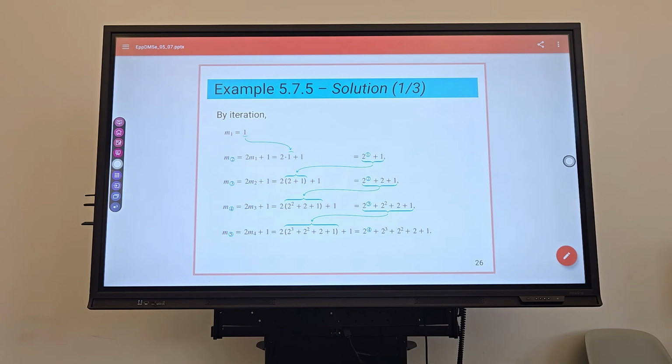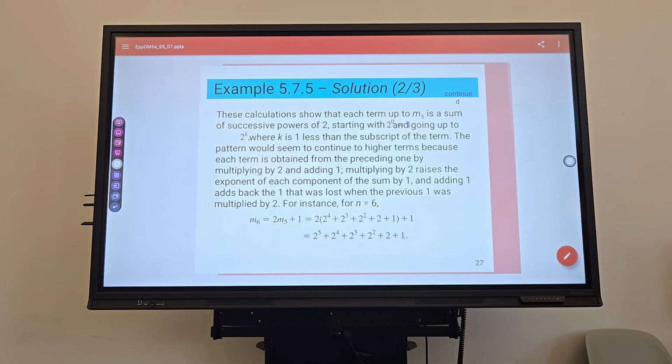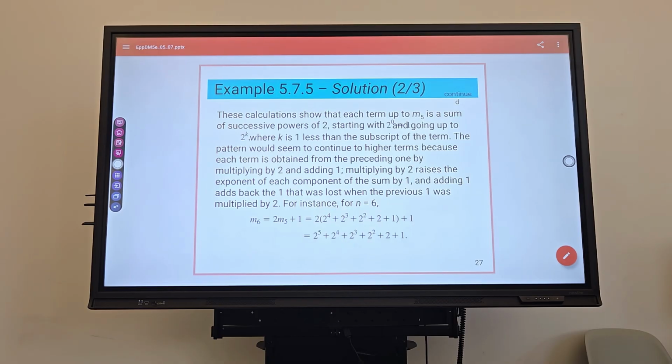Kind of seeing a pattern here. These calculations show each term up to m5 is a sum of successive powers of 2, starting with 2 to the 0th power equals 1, and going up to 2 to the k, where k is 1 less than the subscript of the term.